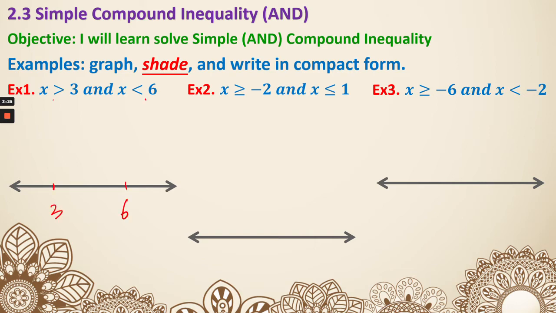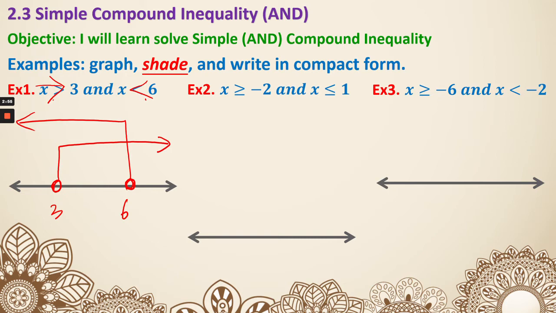Because both inequalities don't have the equal sign, they're both gonna be donuts. For the 3, the arrow is pointing to the right, so instead of a line, we're gonna draw a square shape. And x is less than 6, the arrow is pointing to the left. So you can either draw it below or draw it above. Either way.